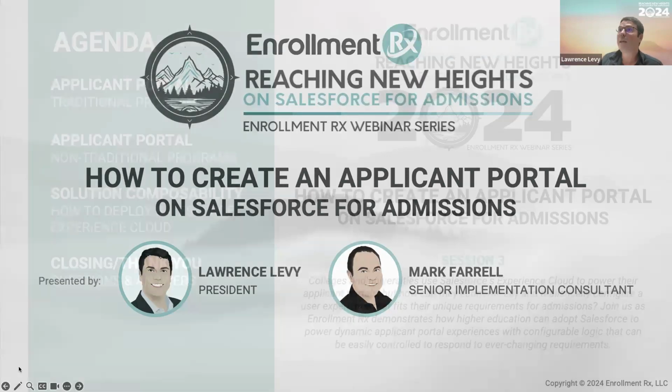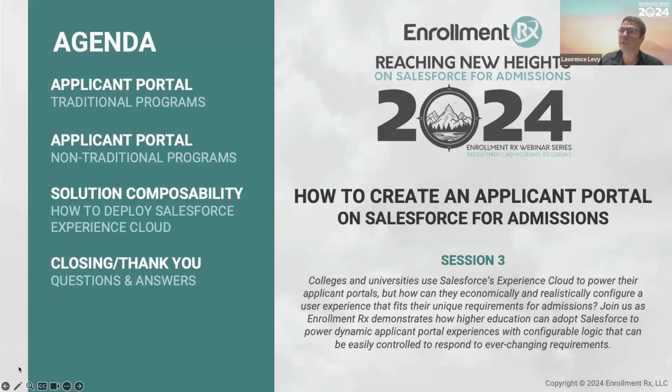So with that, there are a few agenda items we're going to cover today. First, the applicant portal in a traditional sense: traditional programs, those undergraduate or graduate applicants applying through traditional experiences. What does that need to include, contain and support? Then non-traditional programs, and the complexities we have to account for in those experiences.